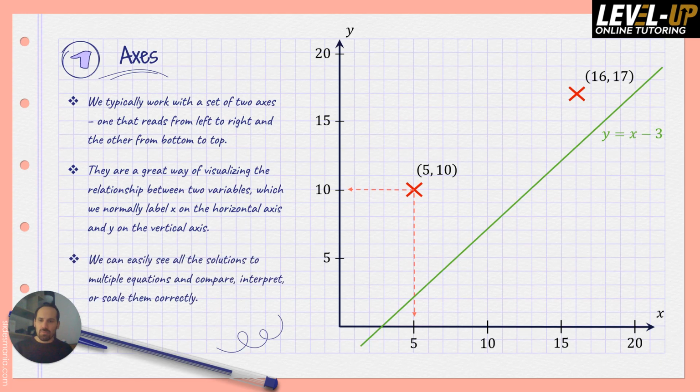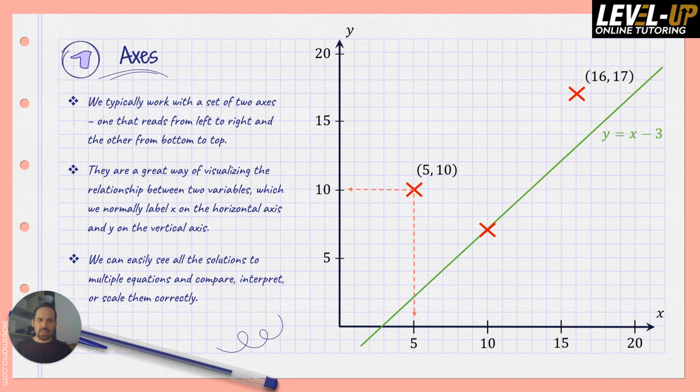So by looking at a graph like this, we can easily then see all the solutions of one equation. If we draw the graph of another equation, we can see all the solutions of that one, and then we can compare them, interpret them, scale them, transform them.